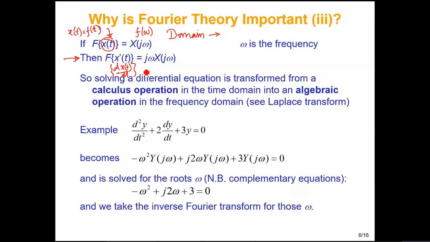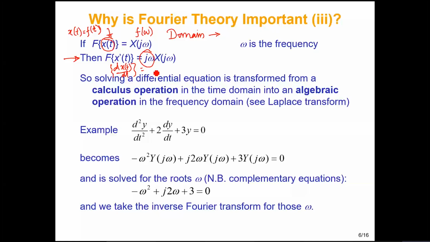So the derivative is removed and we end up getting a multiplicative factor, j omega. This is a very important and useful property of the Fourier transform. For engineers, one important property was that it helps us in seeing the frequency content.